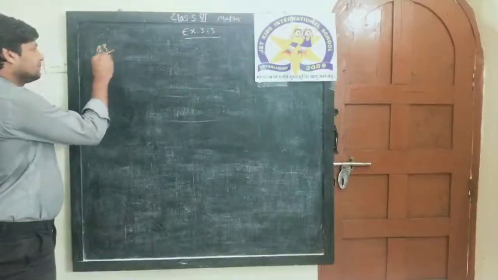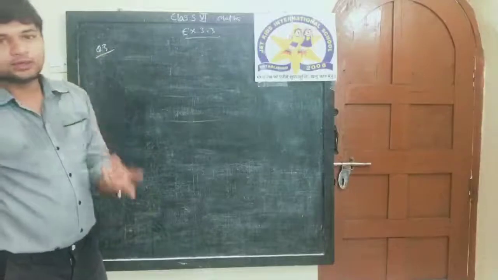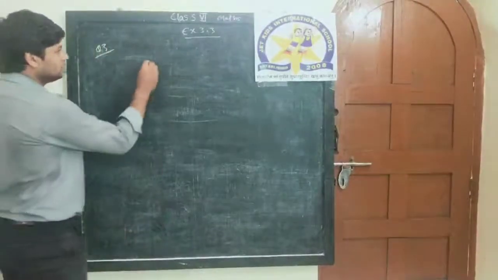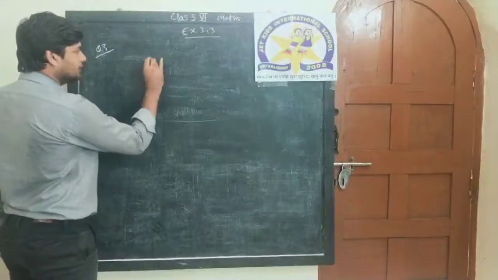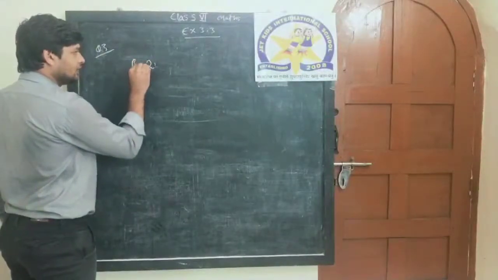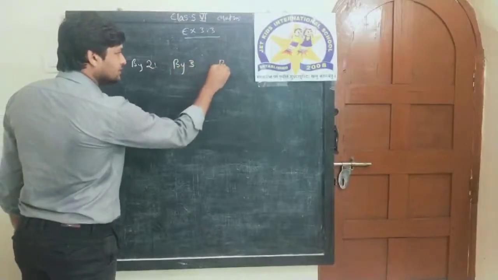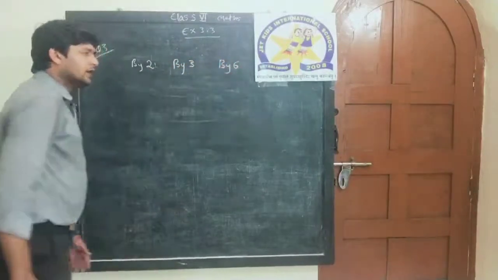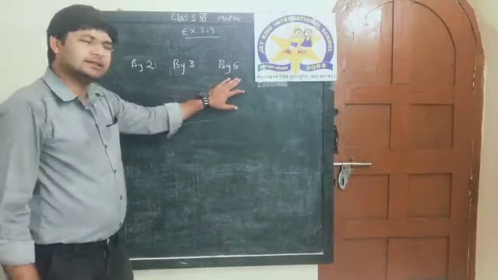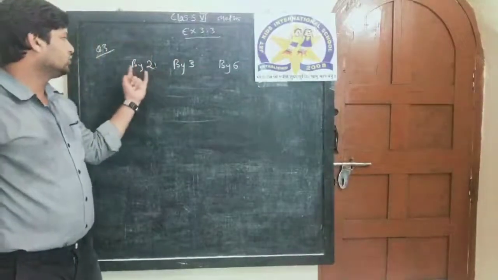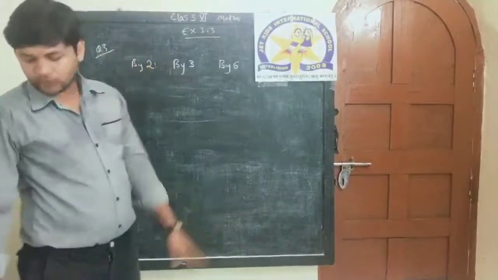By 6, we need 2 and 3, right? So I will write by 2 first, then by 3, then by 6. Because if I want to know whether it is divisible by 6 or not, we need these two things. It should be divisible by both 2 and 3, right?